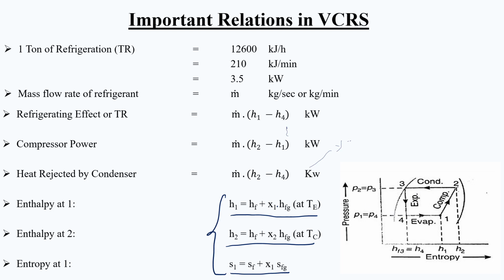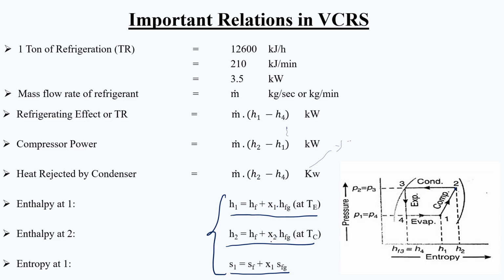Similarly, H2 will be HF, the enthalpy of fluid at condenser temperature, plus X2, the dryness fraction of state 2, times HFG, the latent heat corresponding to the condenser temperature.